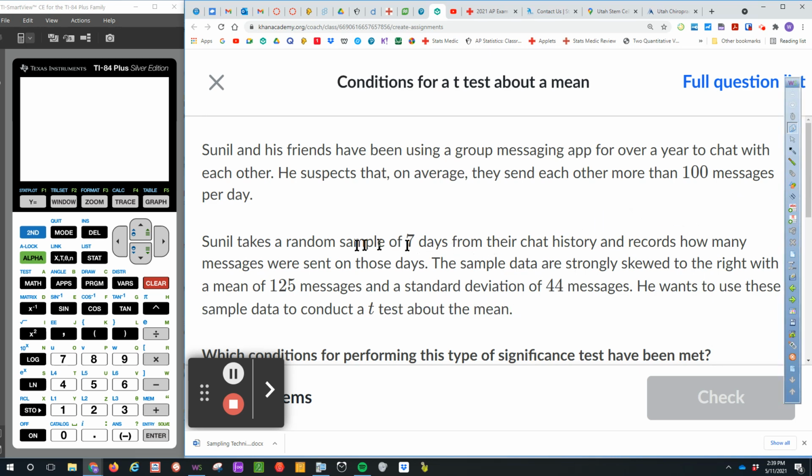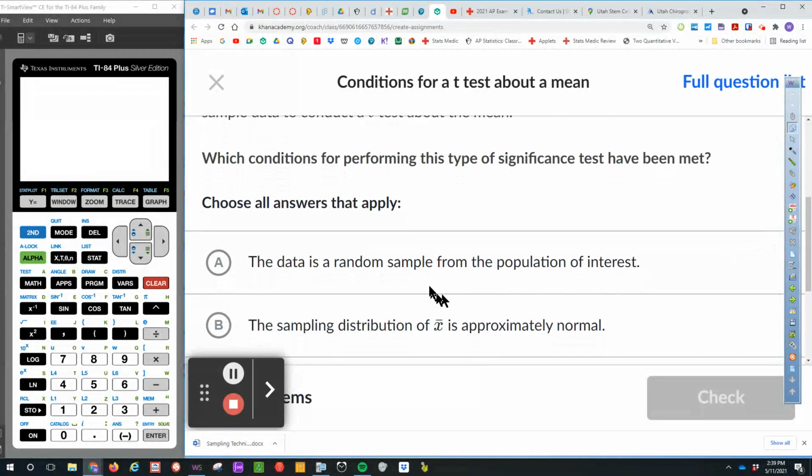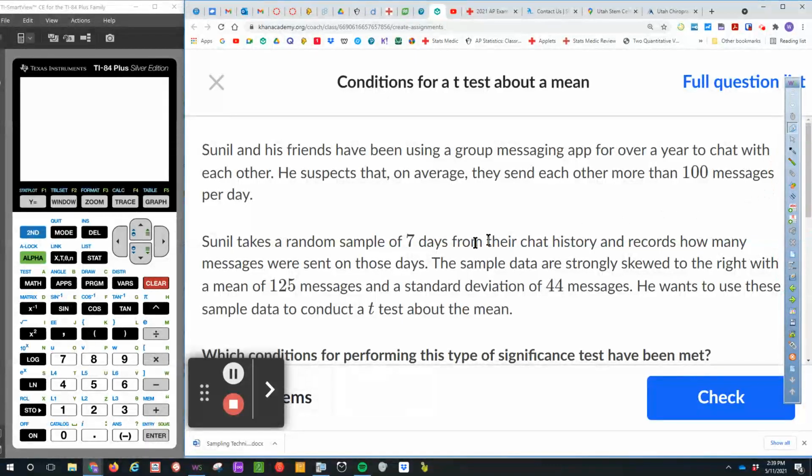So here it says random sample, so we know that the data is a random sample. Now we need to look at our sample size. Our sample size is only 7 out of how many? They didn't say. So 7 days is less than 30. So if it's less than 30, as long as the sample is not skewed.